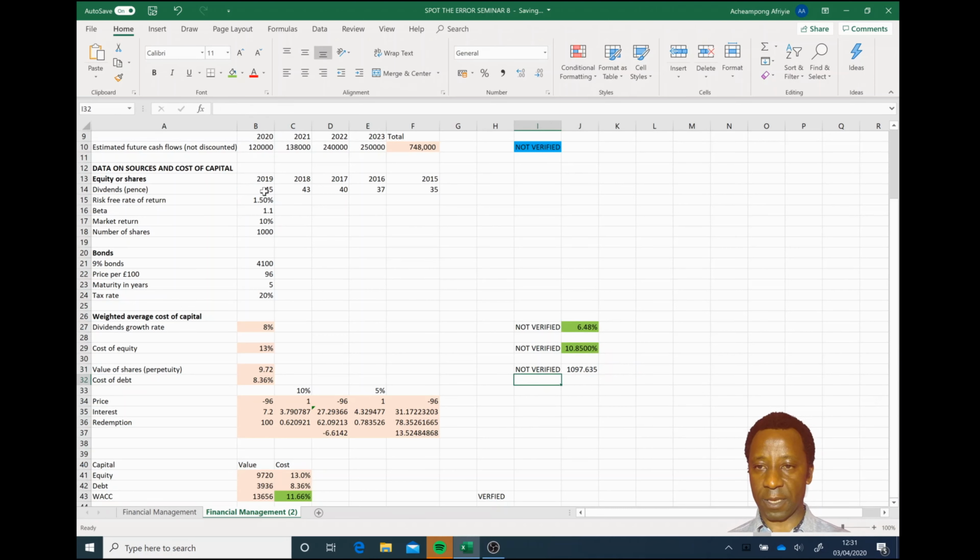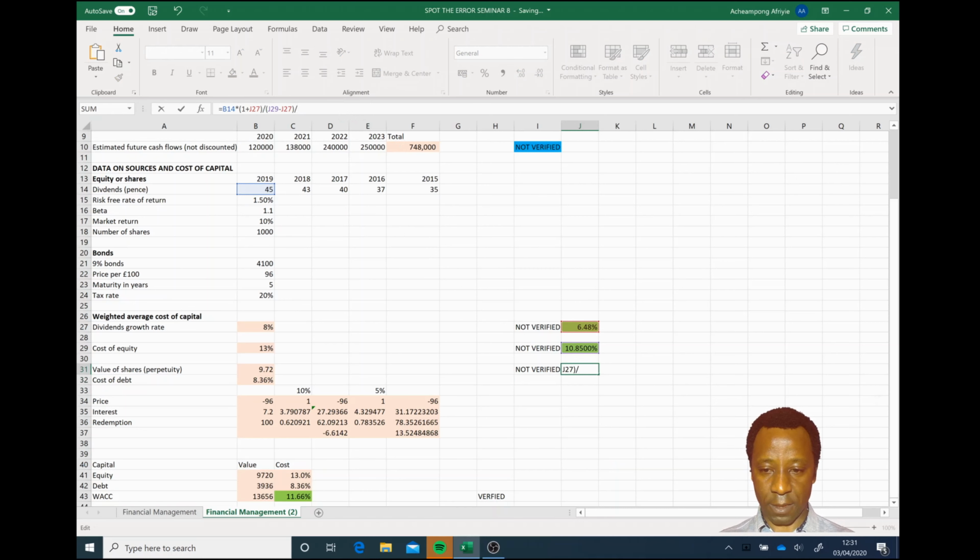Right, so the dividends are in pence, and therefore we will have to convert this into pounds. It should be about 10.11 pounds, let's say. Which is slightly different from what they had there. Okay, so that one there needs to change.